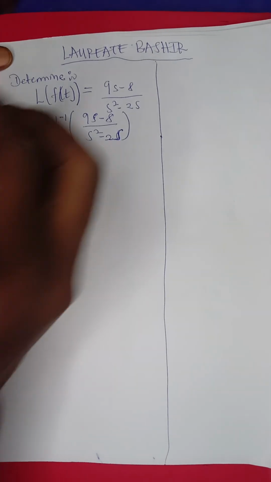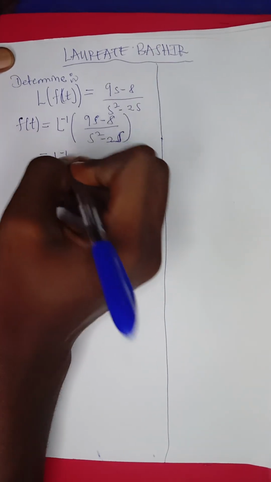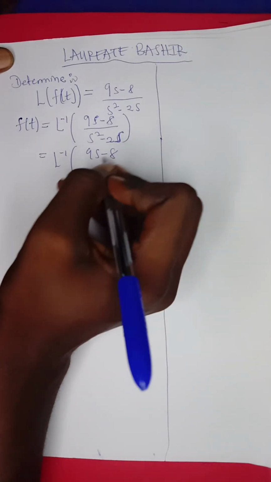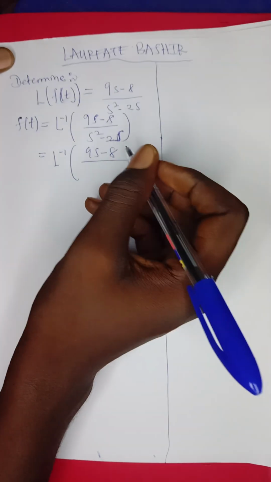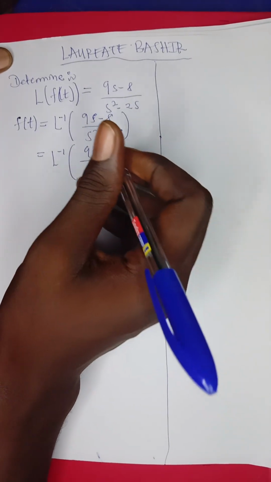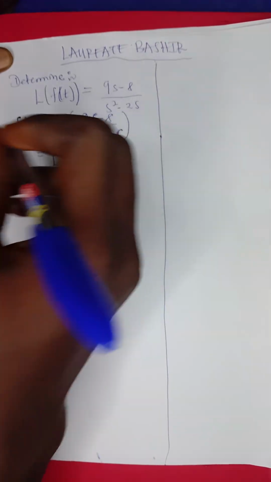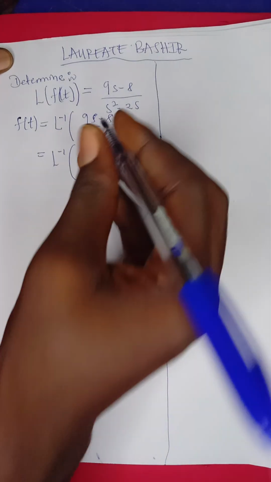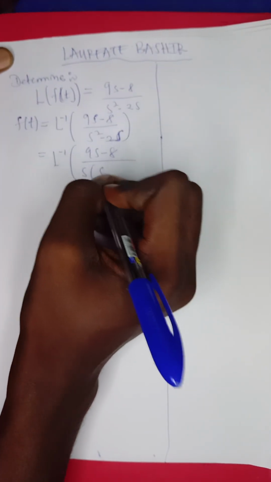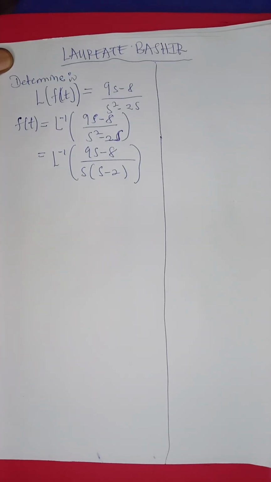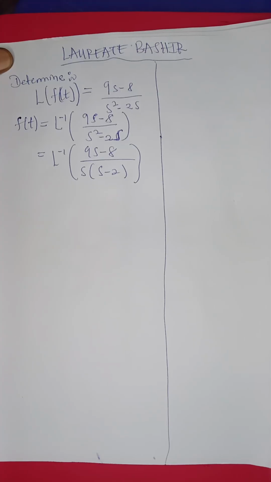I can say the Laplace inverse of 9s minus 8 divided by this s squared minus 2s. I can factorize the denominator and bring something out: s open bracket s minus 2. Now, since I know that there's no function in the Laplace table that can give me this directly, I now use partial fraction.